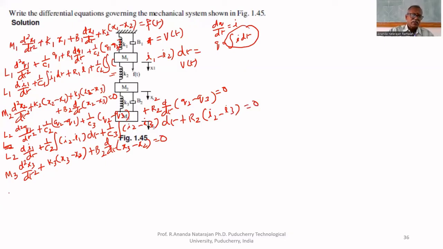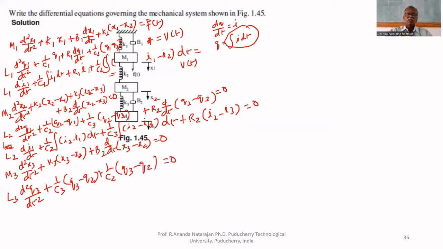Third equation in terms of charge: L3 d square Q3 by dt square plus 1 by C3 (Q3 minus Q2) plus 1 by C2 (Q3 minus Q2) equal to 0. That's all, no applied force.